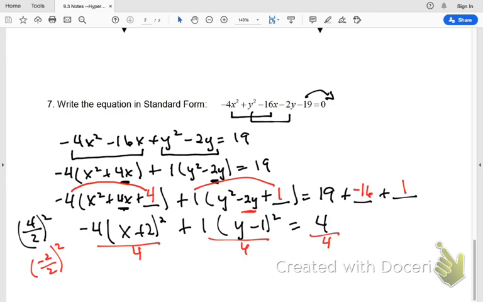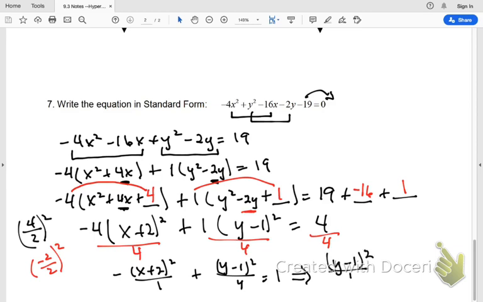So your equation becomes a negative, and then x plus 2 squared over 1 plus y minus 1 squared over 4 equals 1. You want the positive one really to be written first, so I'm going to rewrite this as y minus 1, the quantity squared over 4, minus x plus 2, the quantity squared over 1, equals 1.